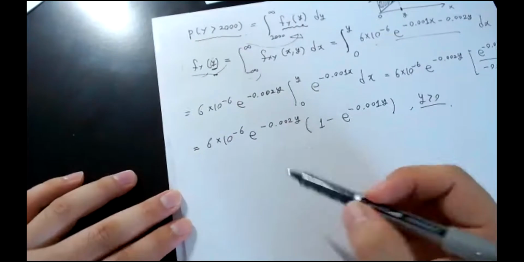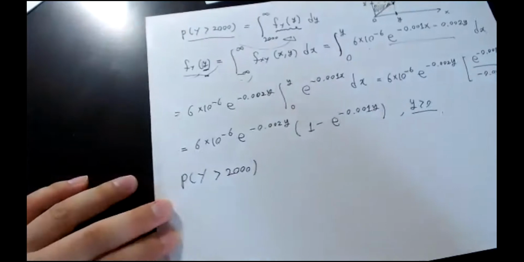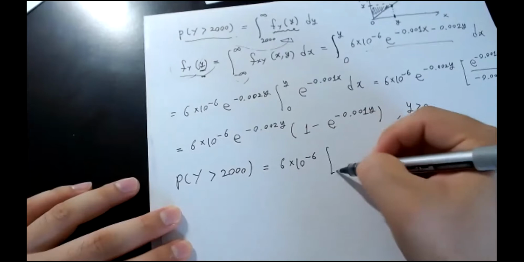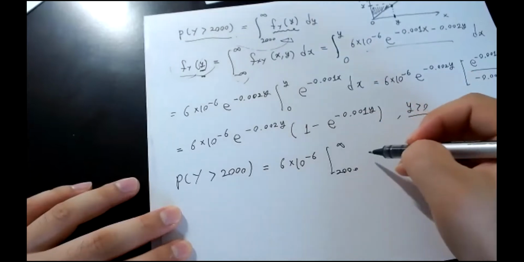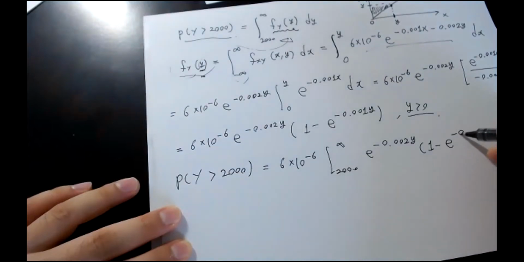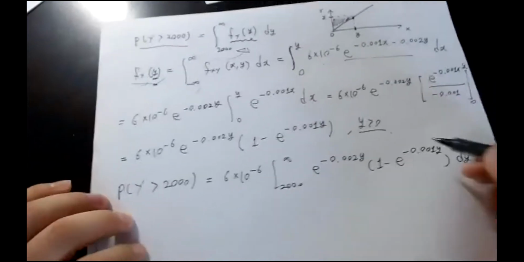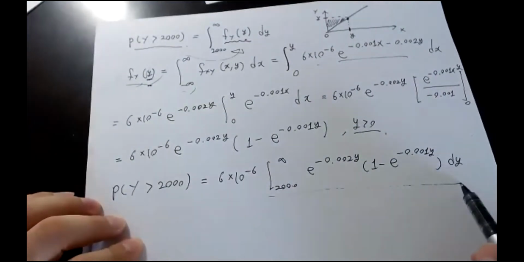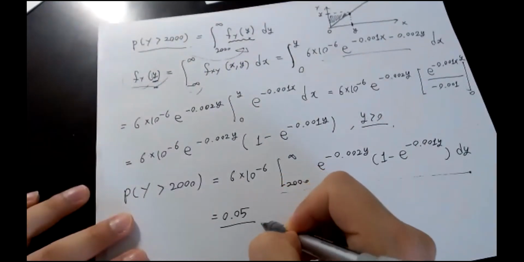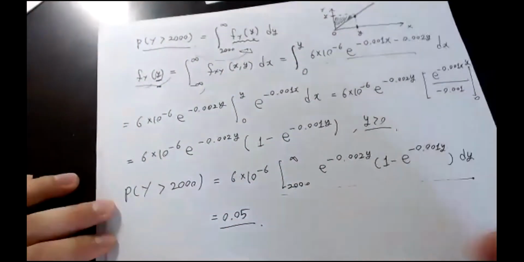The probability that y is greater than 2000 is equal to 6 times 10 to the negative 6, integrated from 2000 to infinity, of e to the minus 0.002y times (1 minus e to the minus 0.001y) dy. Then we evaluate this, and you should get the same probability as in the previous method. Let me skip calculating this one.